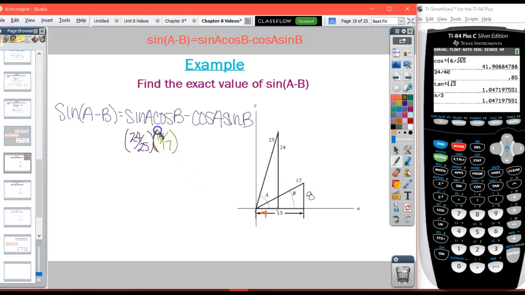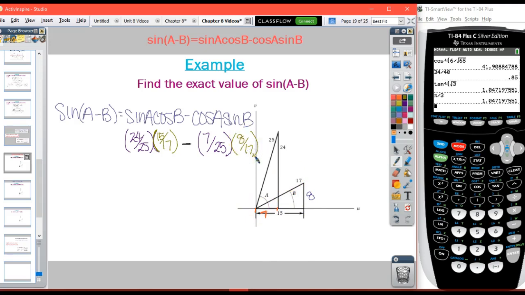I'm then going to subtract the cosine of angle A, so going back to this triangle with angle A, I'm going to have the adjacent side, which is 7, over the hypotenuse, which is 25, and then the last one, going back to the triangle with angle B, the sine is 8 over 17.